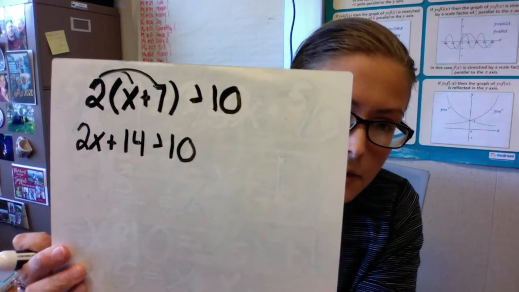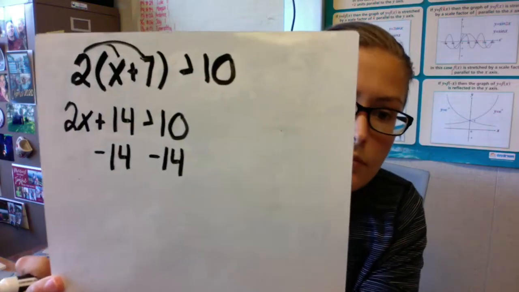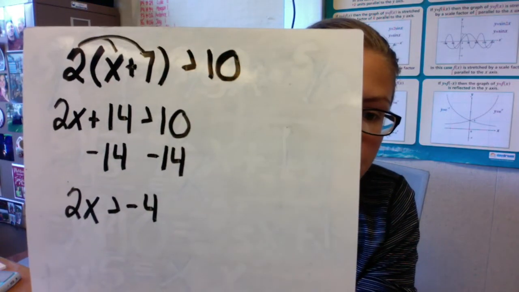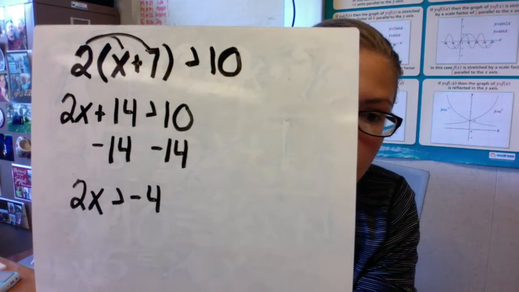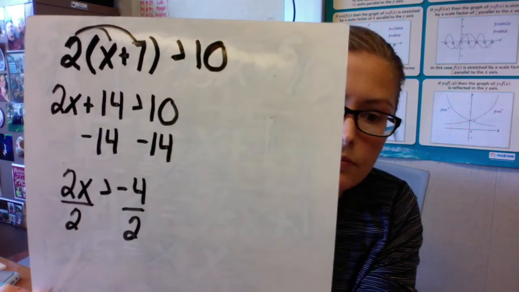Now we're going to subtract 14 from both sides. And we have 2x is greater than negative 4. And then we're going to divide each side by 2. And we get x is greater than negative 2.